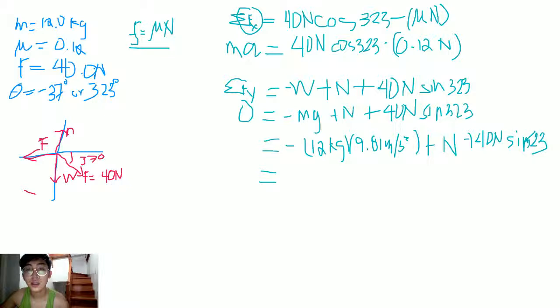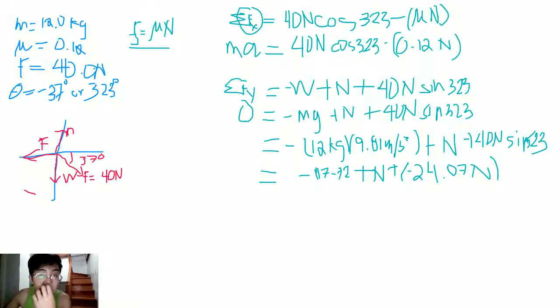So we can solve this. 12 times negative 9.81. So this will be negative 117.72 plus n, and ang ating 40N sine 323. So that would be negative 24.07. Yan.